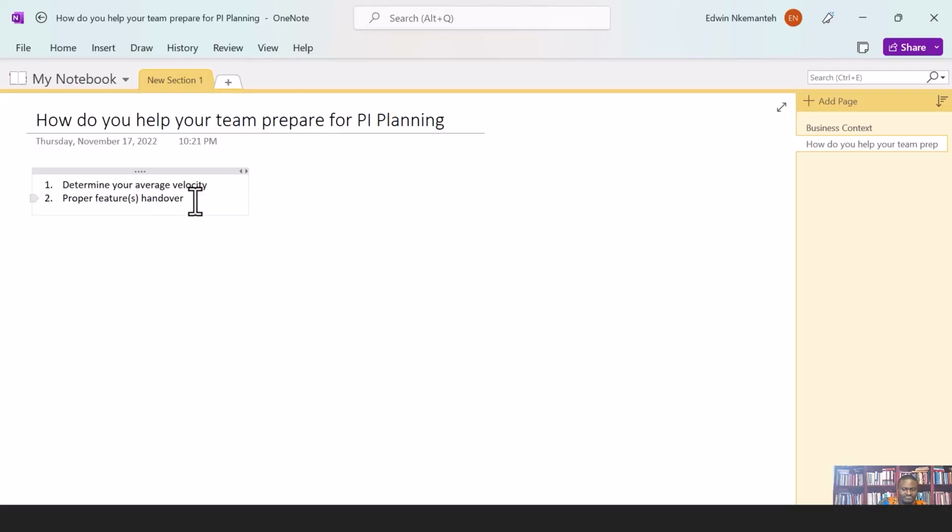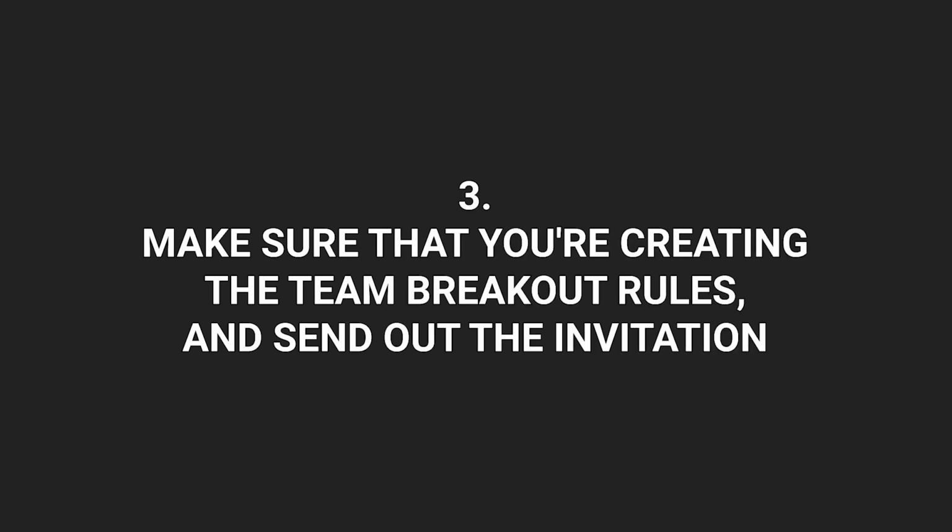Number three, make sure that you're creating the team breakout rooms and sending out invitations. These are just meeting links, guys. If your team will be using Teams, make sure you're creating the breakout rooms and meeting invitations, and send them to your team ahead of time. Communicate the PI planning date to your teams.